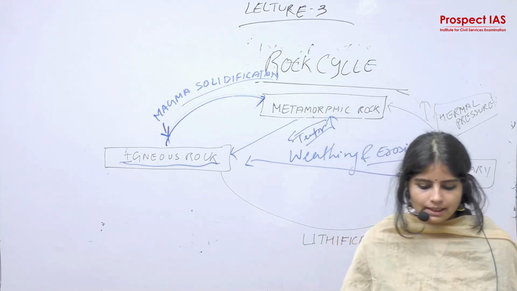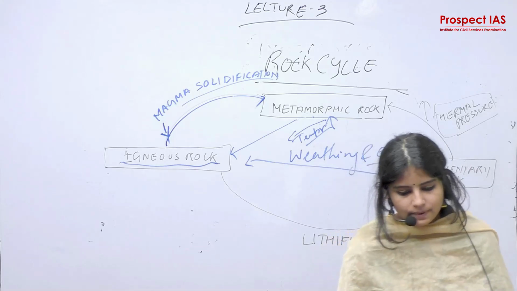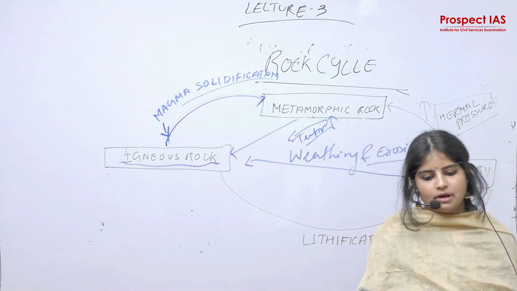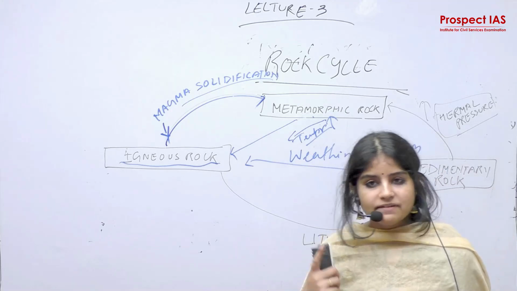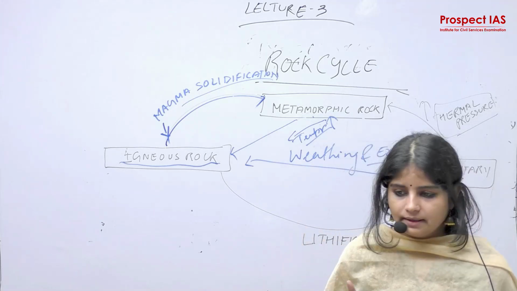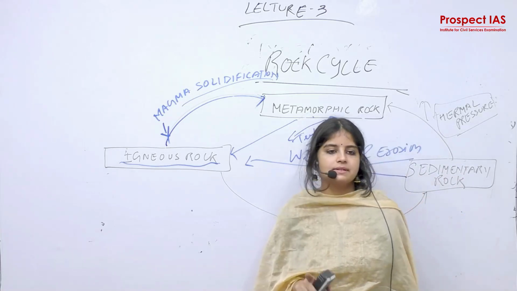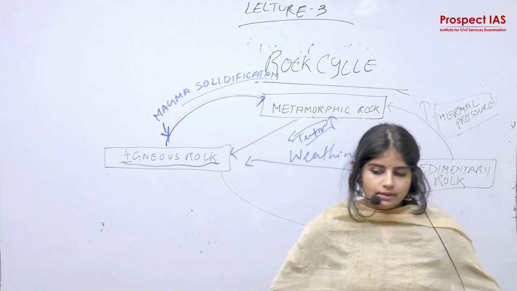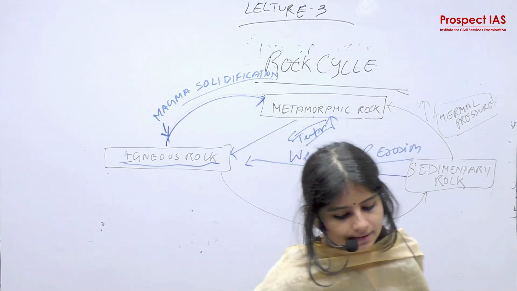Okay, now you have the world map. In the world map, you need to understand the distribution of sedimentary rocks and igneous rocks. I have given you one map practice of South America, that you need to show me the maps with the distribution of sedimentary deposits or sedimentary rocks in the South American continent.